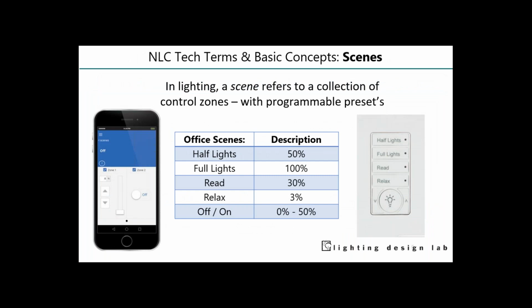The next tech term and basic concept I want to talk with you about in lighting is scene, because increasingly you are going to see more and more scenes, and scene-based lighting most commonly manifests for people at the wall station.